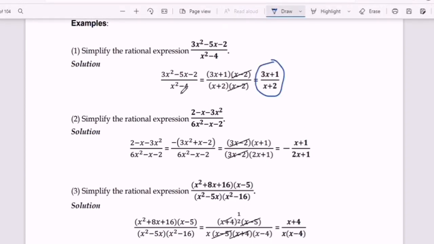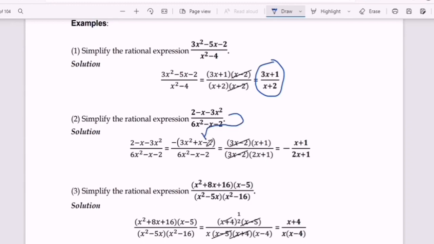So in our second example, we need to simplify the rational expression 2 minus x minus 3x squared divided by 6x squared minus x minus 2. Our goal here again is to reduce it to its lowest terms. First, let us rearrange this one.